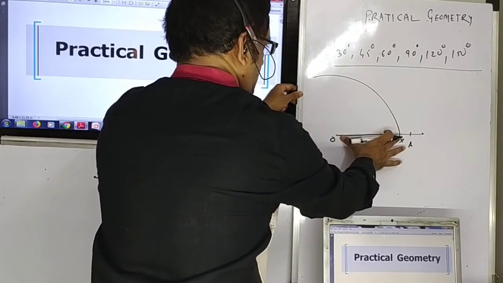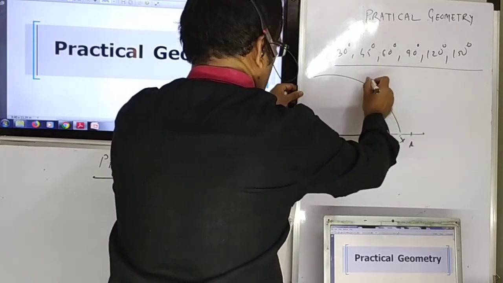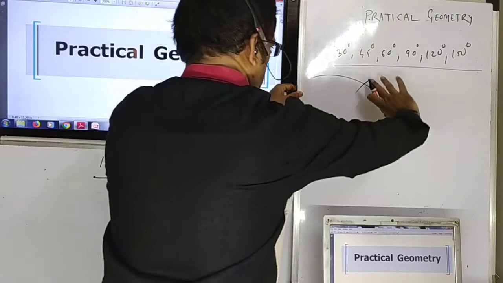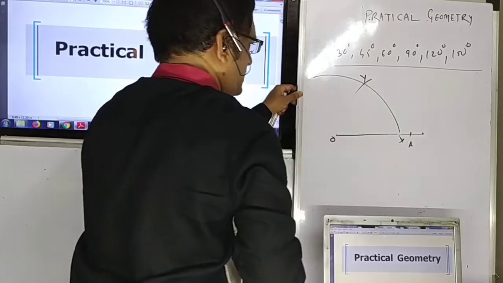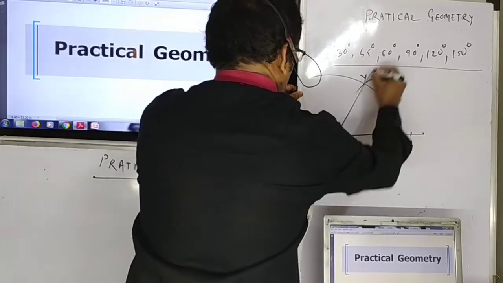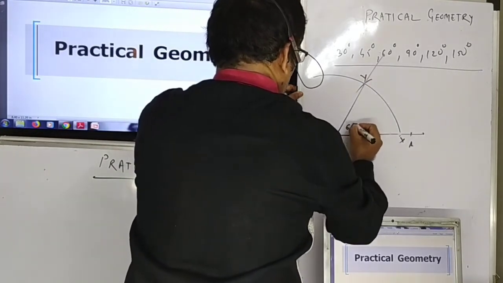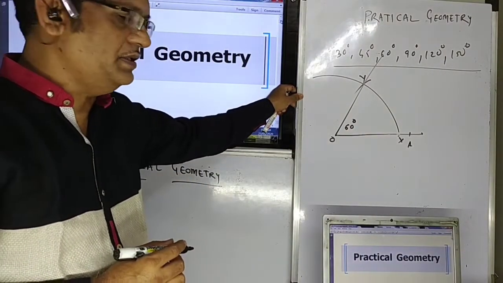Now with radius OX, put the metallic end of the rounder at X and draw an arc. Let this arc intersect at Y. Join OY and produce; the resulting angle is 60 degree. This is how to draw angle 60 degree.